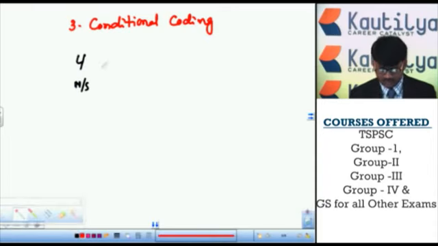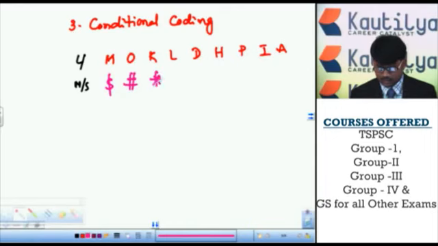Example, the letters are M, O, K, L, D, H, P, I, A, and the codes for that are dollar symbol, hash symbol, star symbol, 9, 6, 3 and @ symbol, 5 and copyright symbol.